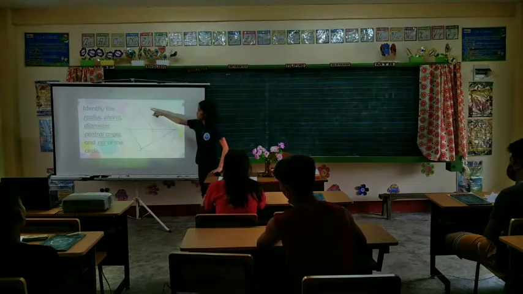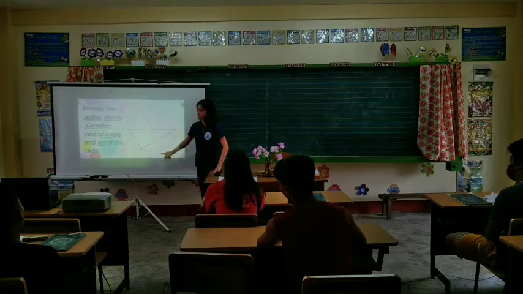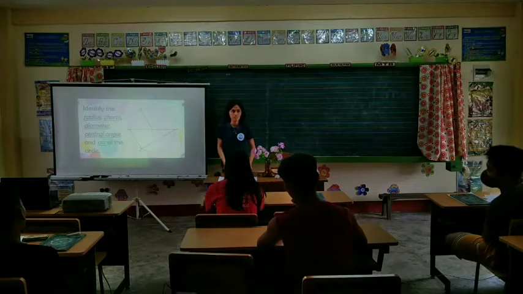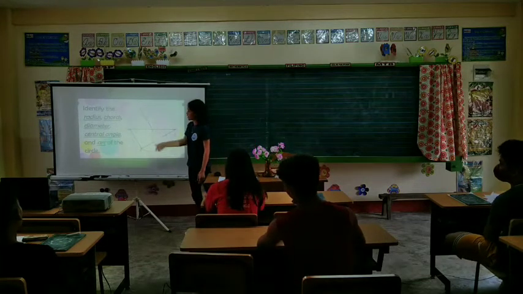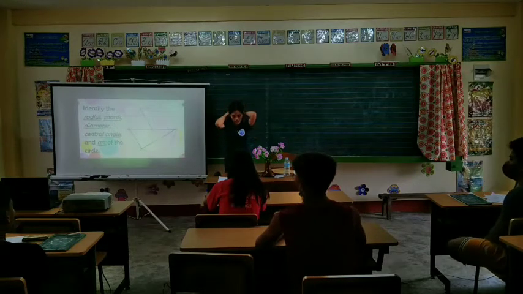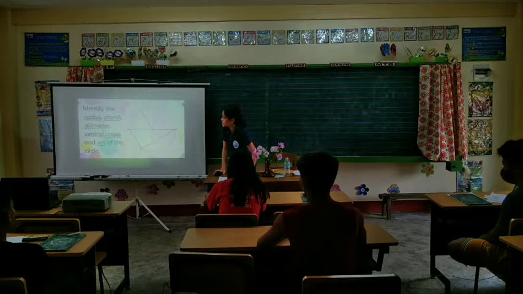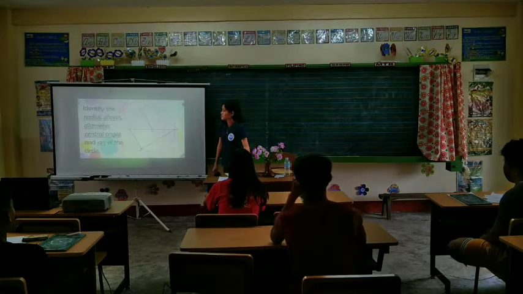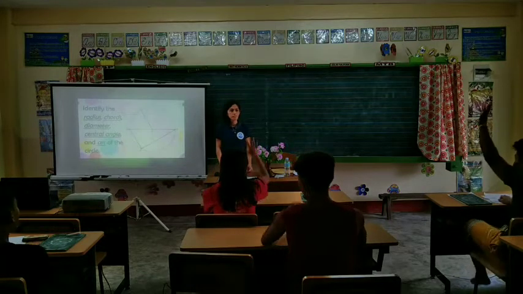So this is a circle. Can anyone name this circle? Circle O. Very good. So this is circle O. Okay, so we will identify the parts of it. So who can identify the radius of the circle O? Anyone?